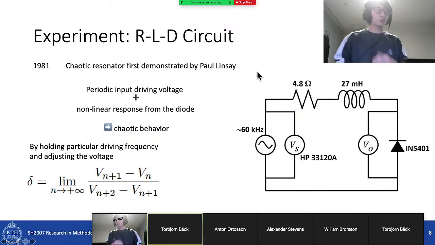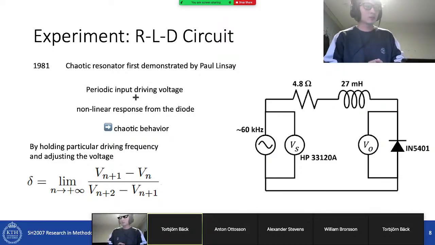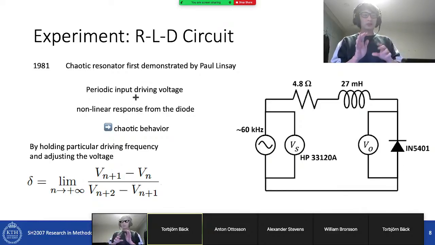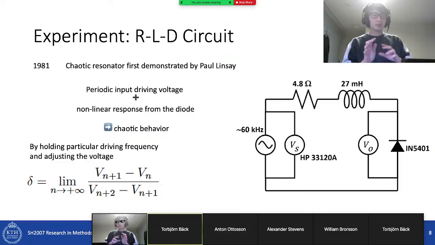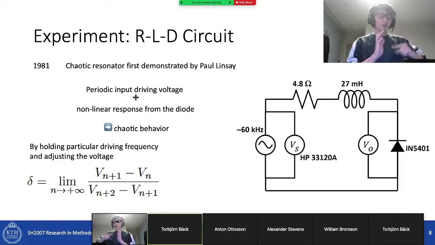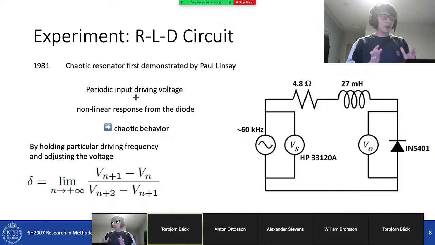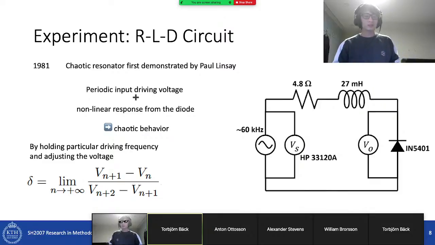We demonstrate this phenomenon with the RLD circuit. The resistor, inductor, and diode are connected together in series. There is a periodic input driving voltage from the function generator at 60 kilohertz, a sinusoidal alternating signal, and then we have the nonlinear response from the diode.